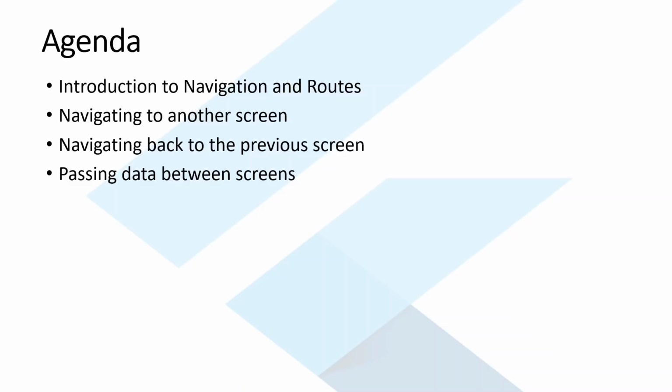These are actually the things that are really required when you are dealing with navigation. Okay, you need to know how to open a screen, and then how to go back to the previous screen, and then the most important thing is about how to pass data from one screen to another. Okay.